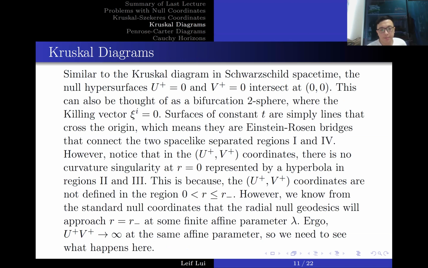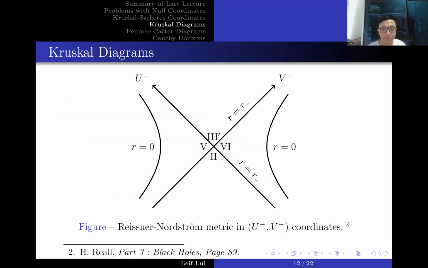So basically, we know from the standard null coordinates that the radial null geodesics will approach r equals r minus at some finite affine parameter. So therefore, u plus and v plus must approach, so the product must approach infinity at the same affine parameter. So we need to see what happens here.